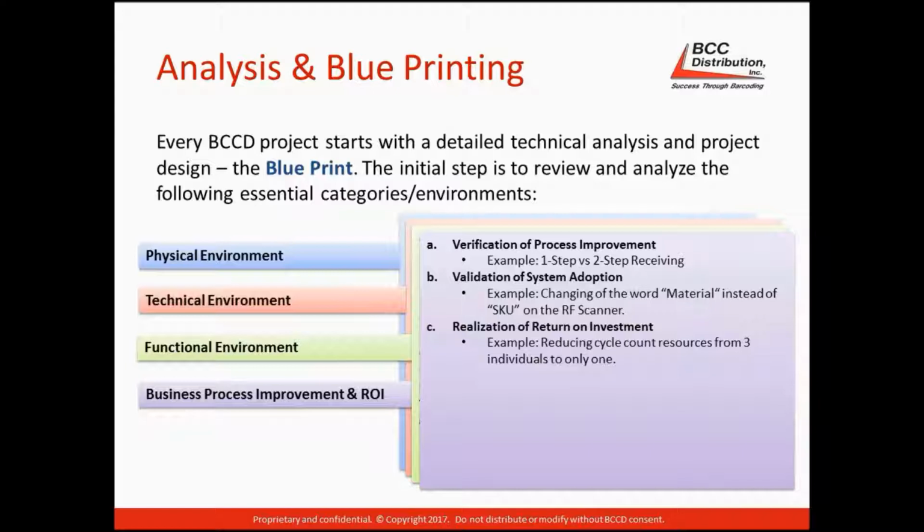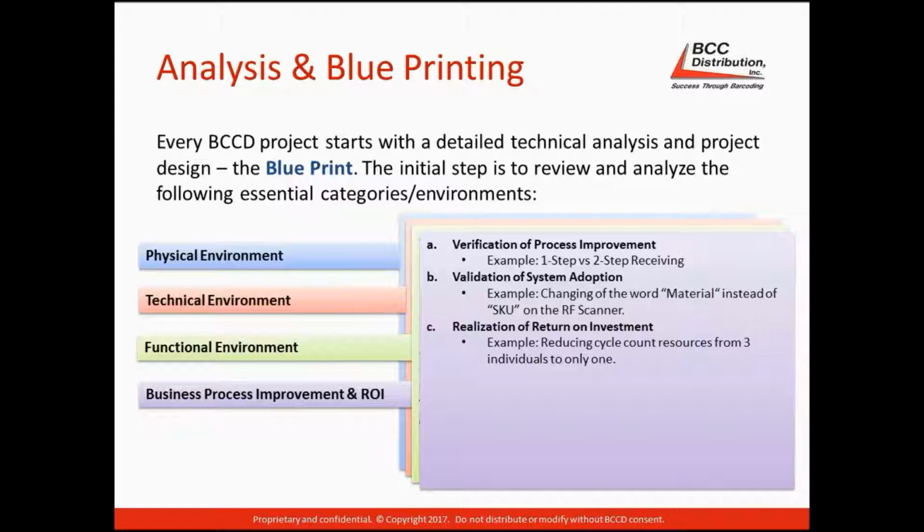So verification of the process improvement. Example, which you'll see today, receiving, we can do a one-step process or a two-step process. And again, it's based on what you do today, what makes your company more efficient. The validation of system adoption, meaning an example here is on the barcode scanners.